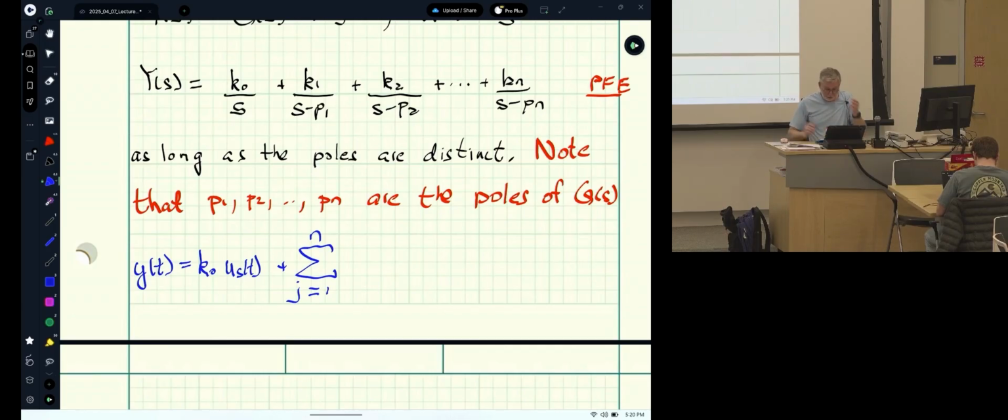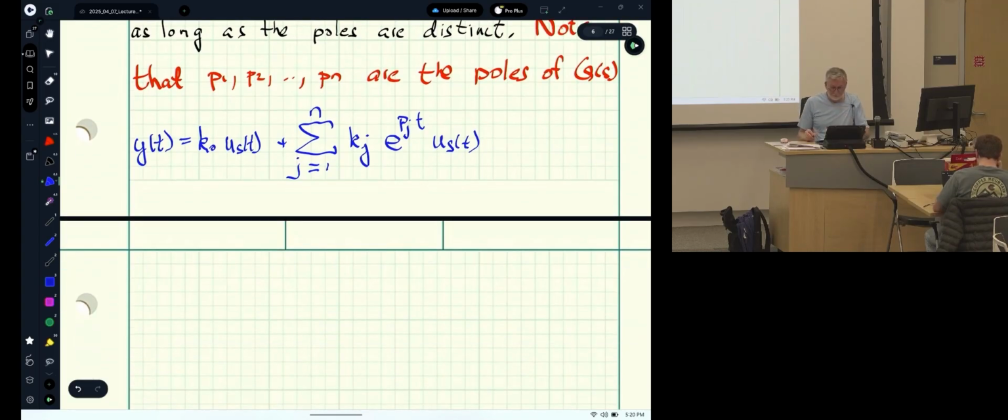And I'll use j because I is the imaginary number, right? So we do the inverse Laplace transforms. And this becomes, when there's a minus here, there's a plus here. So this is e to the pjt unit step of t. So this is bounded.